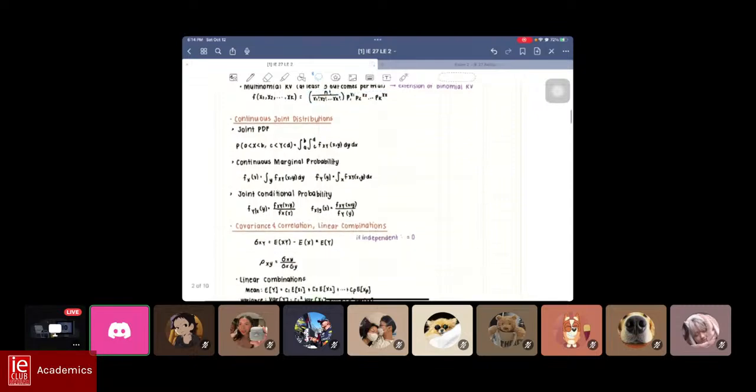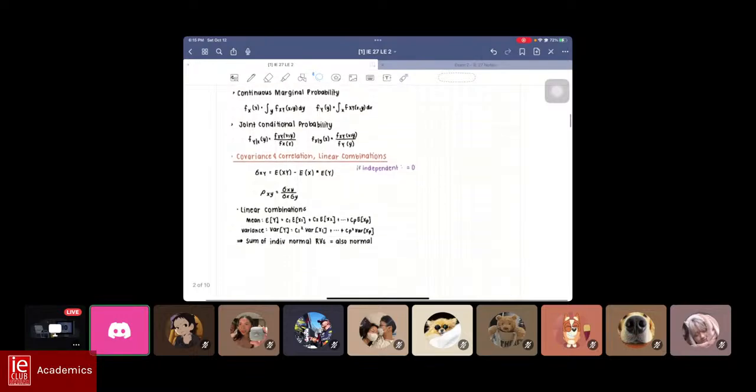And then for continuous joint distributions, same siya, na usually you plug in the values lang. So it's important to know how to get the function, the f of fxy, and then know how to get the bounds also. So usually what's important here lang is if this is in terms of y, dy has to go first, and then the outer one corresponds to this dx.